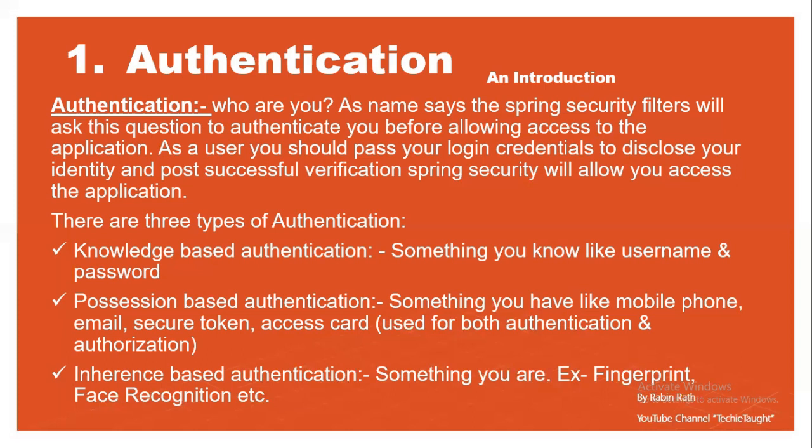What is that? Something which we own or have physically, like a mobile phone, email address, or a secure token we used to get in older days. I remember in my initial days I used to carry one secure token. I don't know whether it is still used, might be, but I have not used that for a long time.